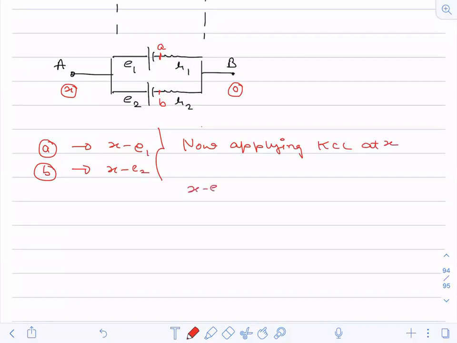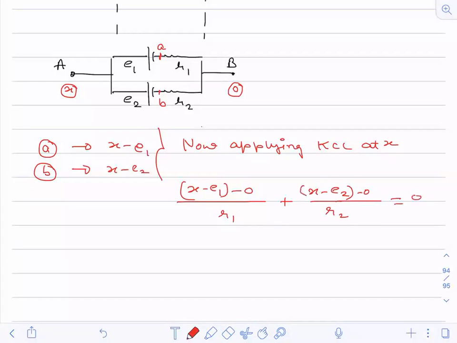X minus E1, minus 0, divided by the resistor R1. Across the resistor, I am applying the KCL, writing all the currents that are going to B. All the currents going to B is 0, so plus X minus E2 by R2, and this is 0.